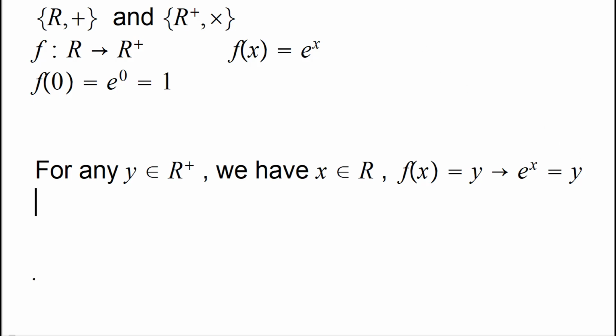Now, the inverse of y in the positive real numbers with respect to multiplication is simply the reciprocal of y, the multiplicative inverse of e to the x, or e to the power -1 times x, so this is e to the negative x.